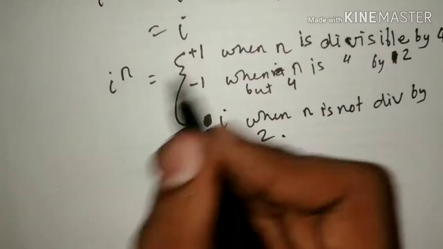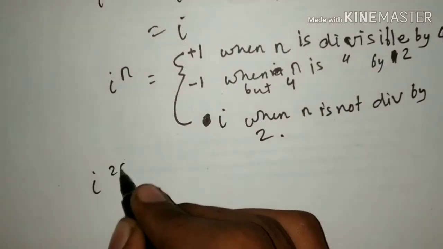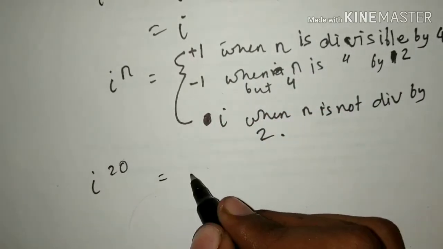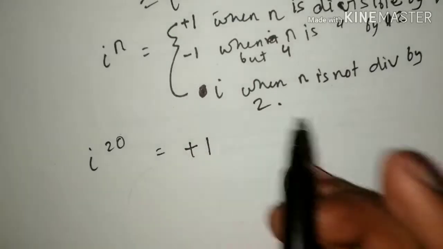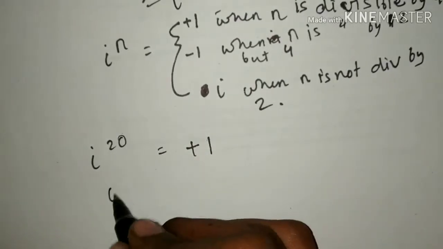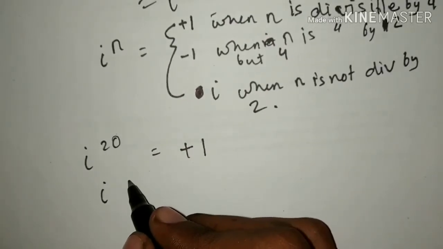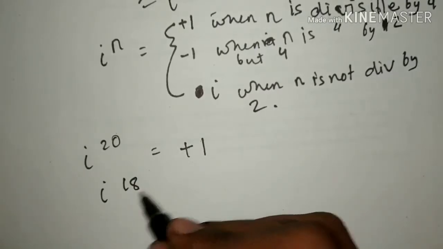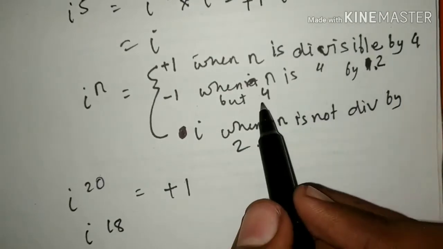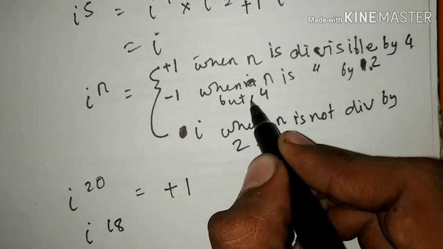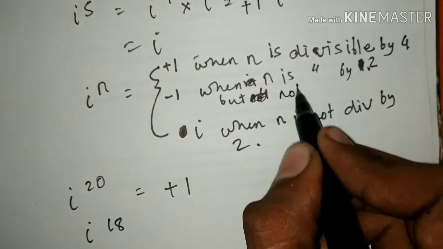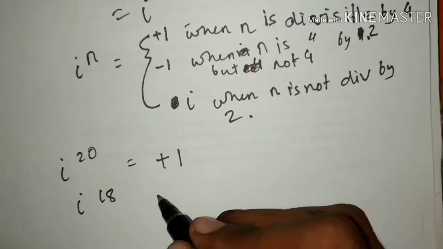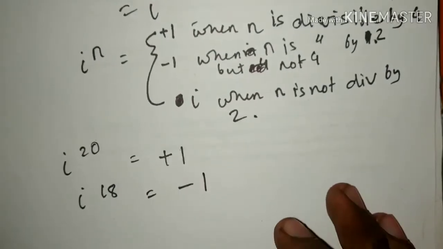So from this we can say that i to the power 20, now 20 is divisible by 4, so i to the power 20 is +1. Now say i to the power 18. 18 is divisible by 2 but not divisible by 4, so it becomes -1.